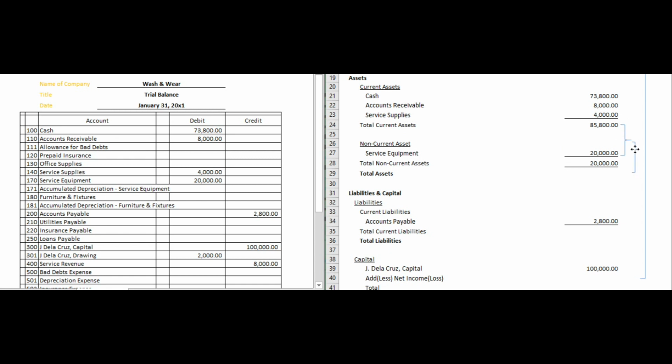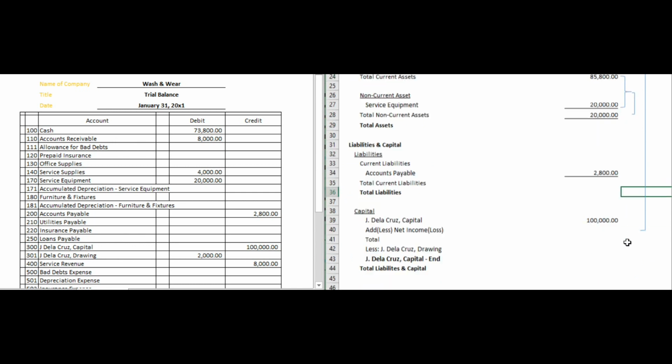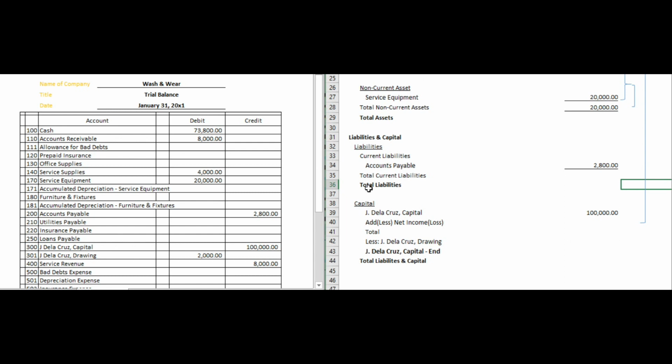Kaya yung result nila, yun yung tinatawag nating total assets. Okay? Ay, bakit na baliktad? Ayan. Okay? Next. So, accounts payable, wala tayong non-current payable. So, forward natin yung accounts payable.